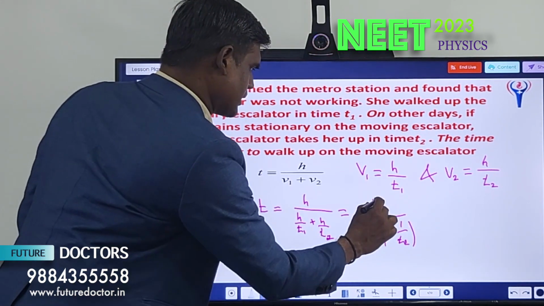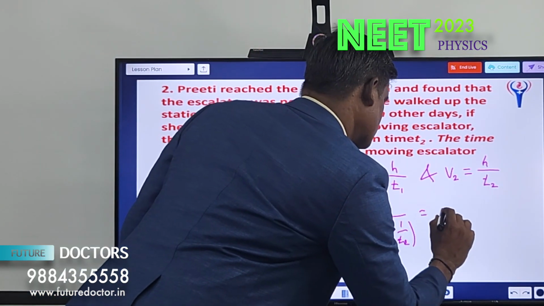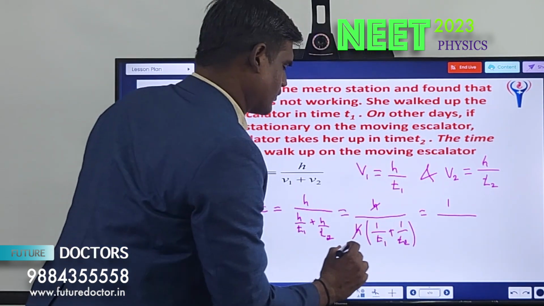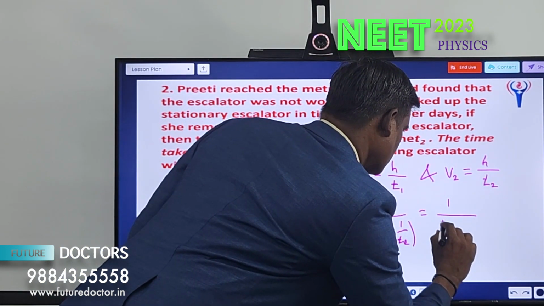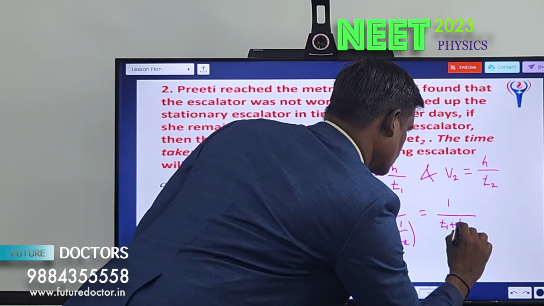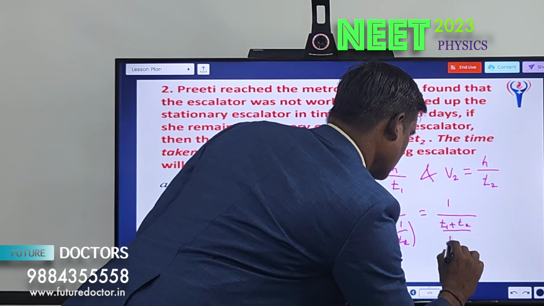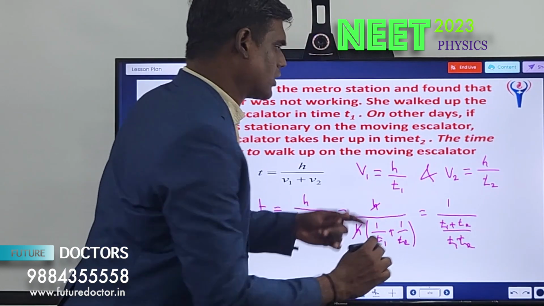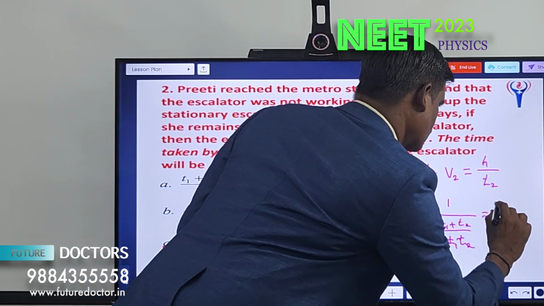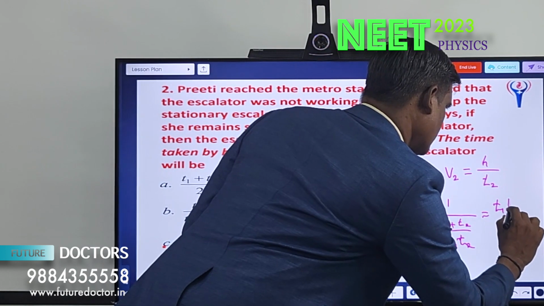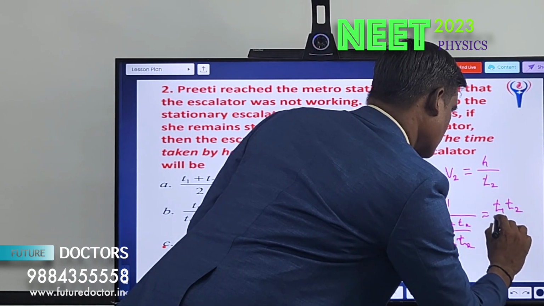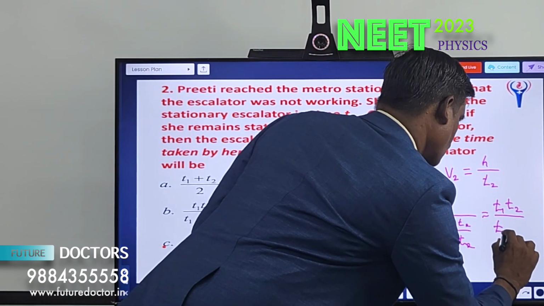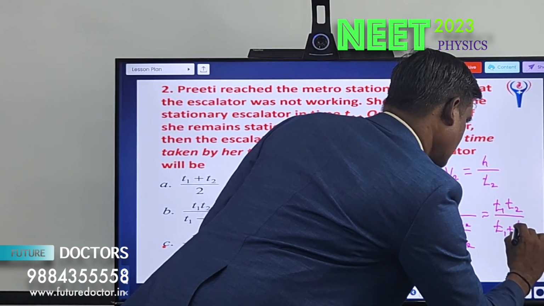This h getting cancelled. 1 by t1 plus t2. Simplify that. Then t1 plus t2 divided by t1 into t2. Then T is equal to t1 into t2 divided by t1 plus t2.